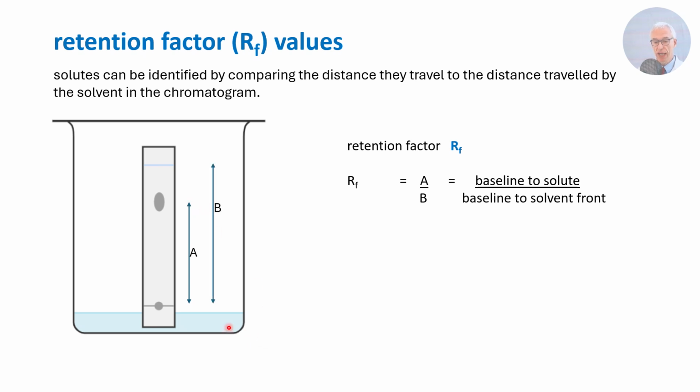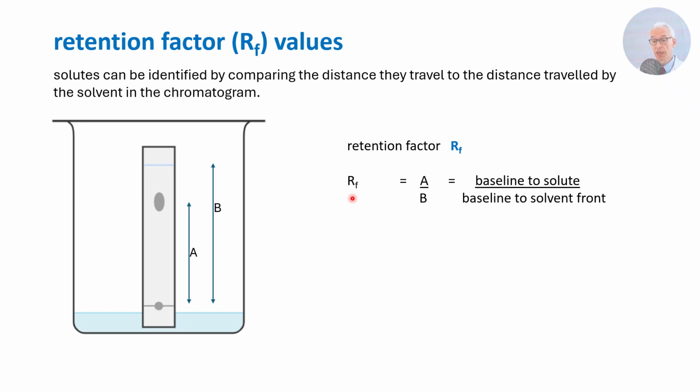We compare that to the distance traveled by the solvent, that is the distance from the baseline to the solvent front, and we divide the baseline to solute by baseline to solvent front, in other words, on my diagram, A divided by B, and we get a number, the RF value, the retention factor.